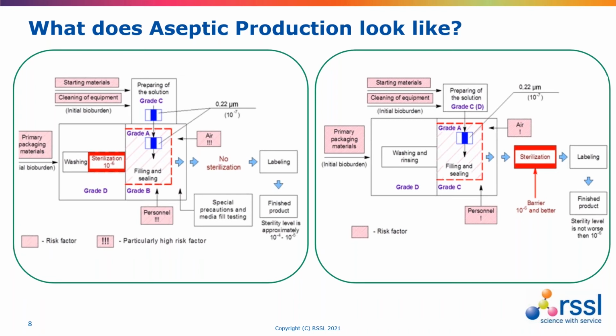And we have illustrations of both terminal sterilization and aseptic processing. The concept is to look at each one of those areas, to divide them up into zones of criticality, and to consider what the sources of contamination are, what the level of control needs to be, and what the level of sampling needs to be. And that's just a way of putting what I've said into some kind of context.